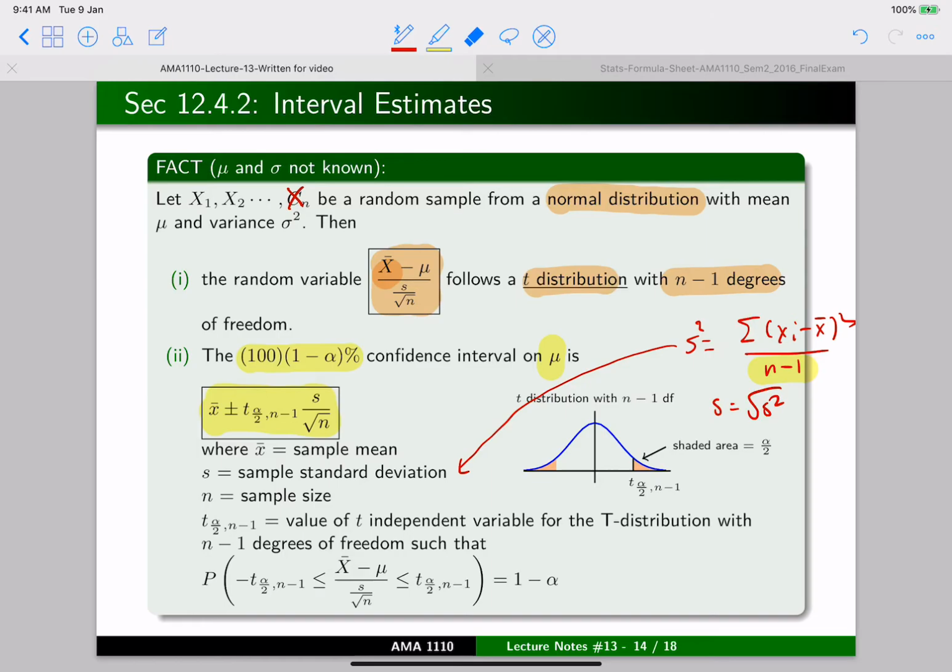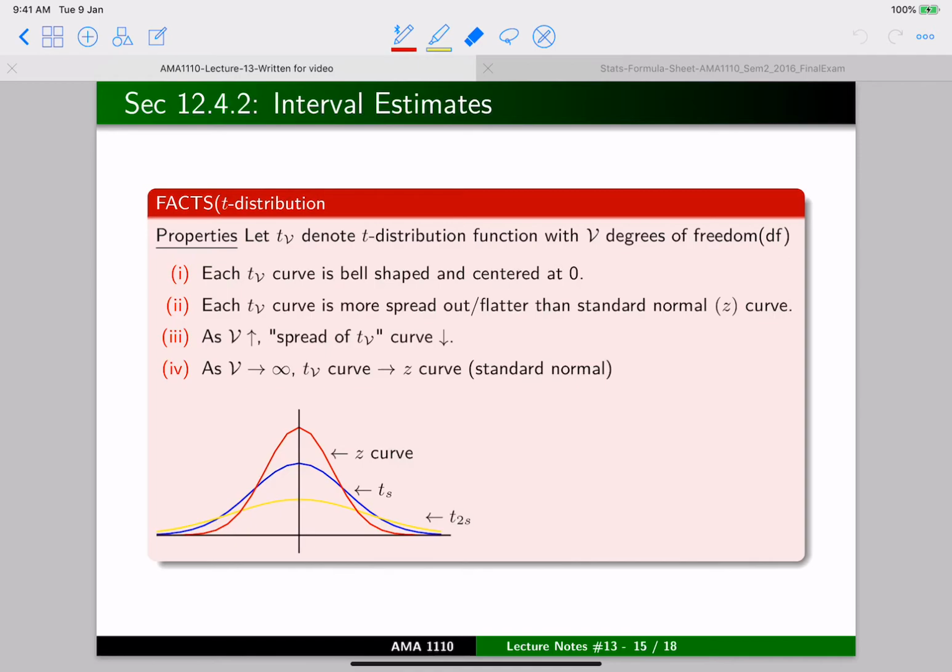So what is this t distribution we keep talking about? This t distribution is just like the z distribution, but with an extra parameter called nu. Nu is the Greek letter nu, like a V, and it's called the degrees of freedom, and it's equal to the sample size minus 1.